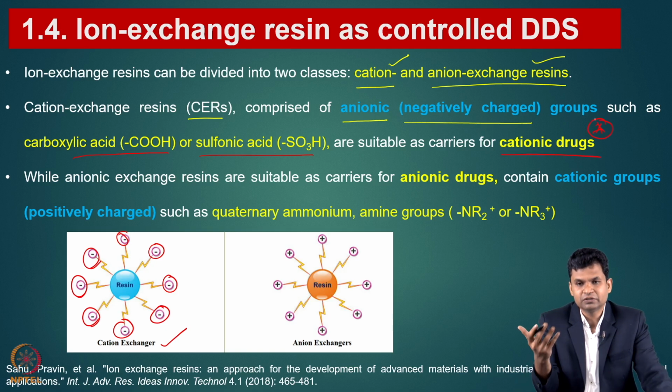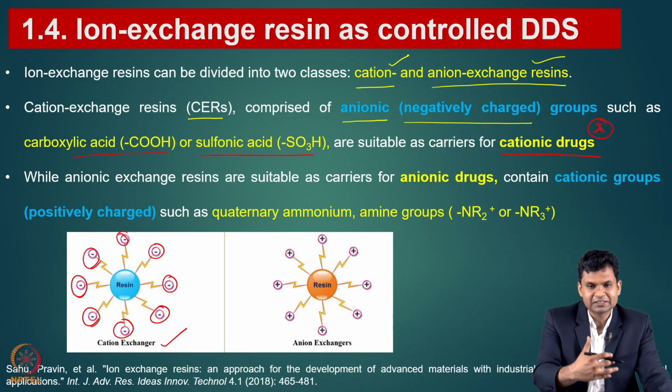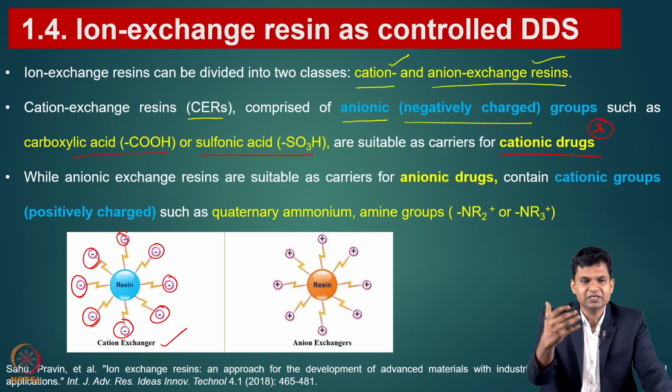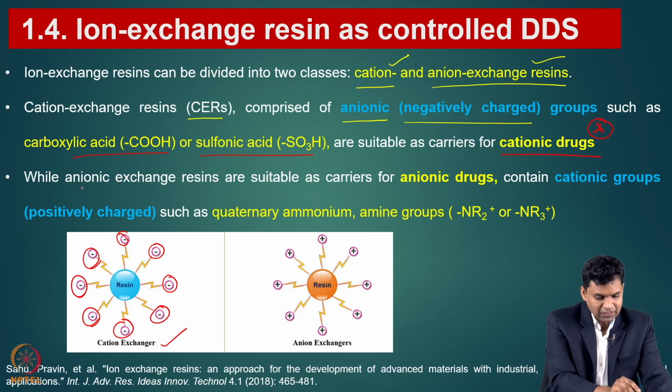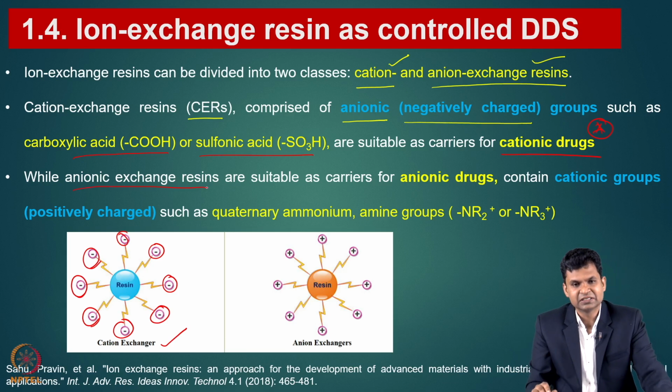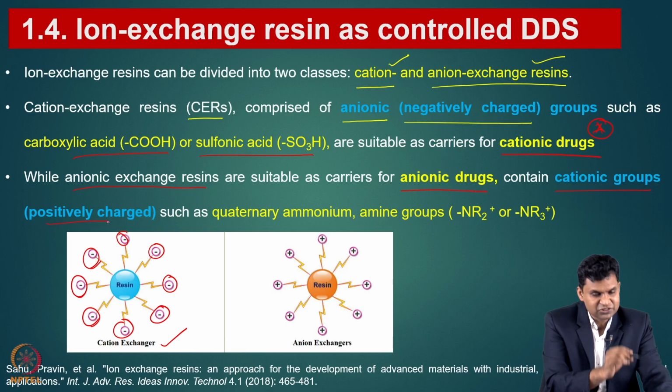So, whenever you administer it, what happens? Your cationic drug will be replaced by the ions, whereas anionic exchange resins are suitable for anionic drugs, because they contain cationic groups, which are nothing but positively charged.